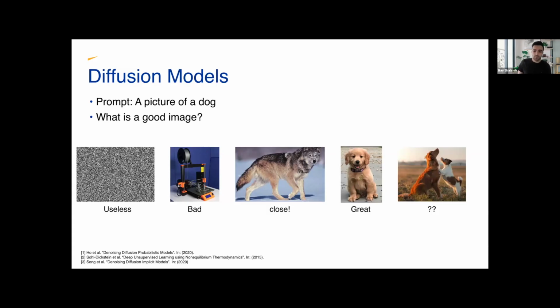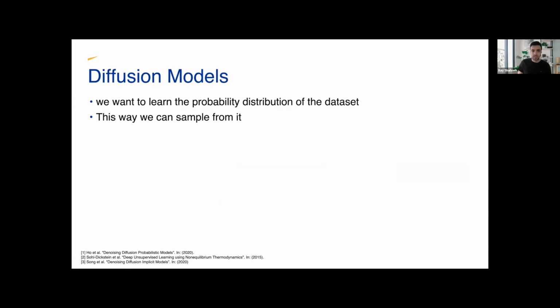So for the diffusion models, instead of just trying to annotate if the image is good or not, we want to learn the probability distribution of the data set. So assume that this is a representation of the whole possible images. Assume that this is all the pixels in an image. We know that some parts of this whole probability distribution area is where the images of the dogs exist, right?